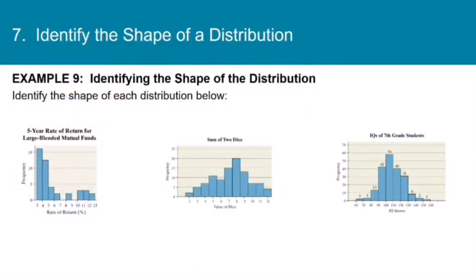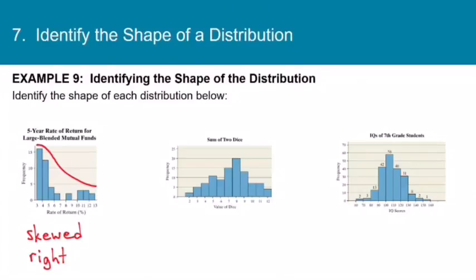Okay, so let's practice identifying the shape of each of these distributions. And remember, these are generalities. So it often helps to draw the little general curve over the top and see if there's a tail, and if so, which way is the tail going. For this first data set, I would say that the tail is trailing off to the right, so that's skewed right.